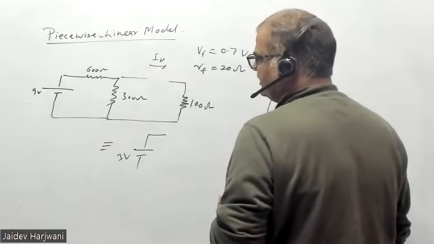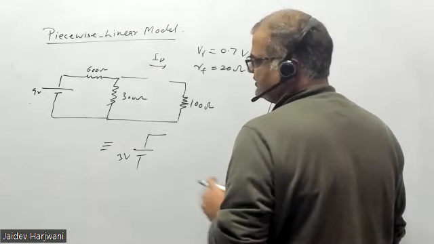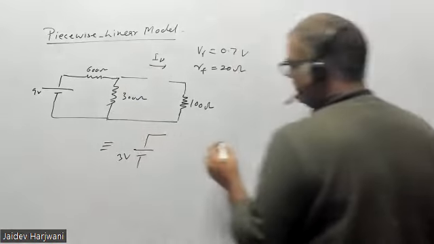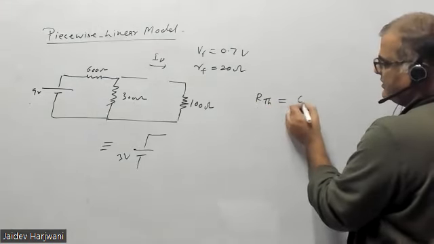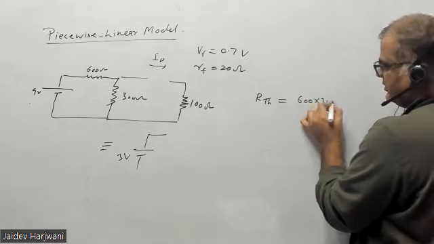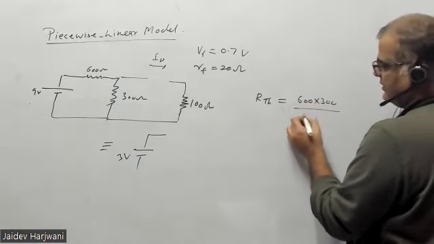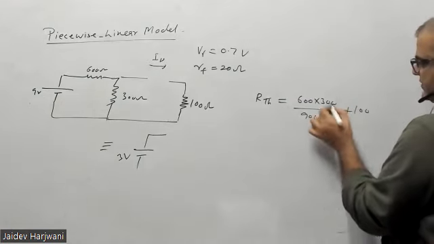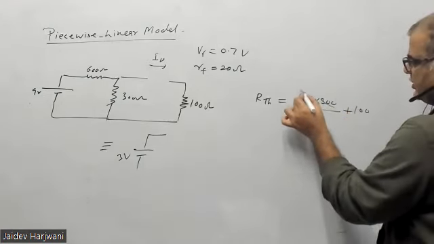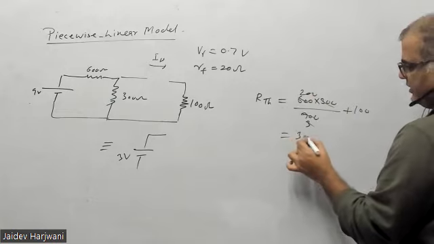So this is open circuit, and the equivalent resistance R Thevenin will be 600 parallel to 300, that is 200, and plus this 100. So that becomes 300 ohm.